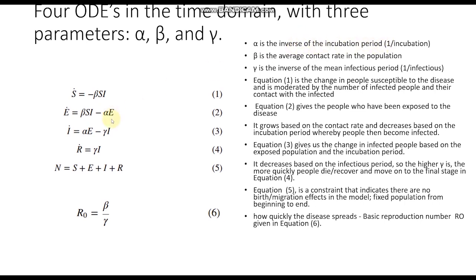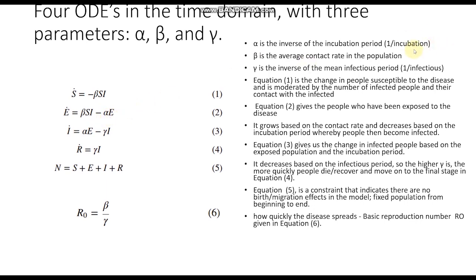As already discussed, the number of people going to be infected in the exposed compartment is determined by the parameter alpha, which is related to the incubation period. If the incubation period of the disease is high, then it gives a low alpha, which means only a small number of people will move from exposed to the infectious compartment.